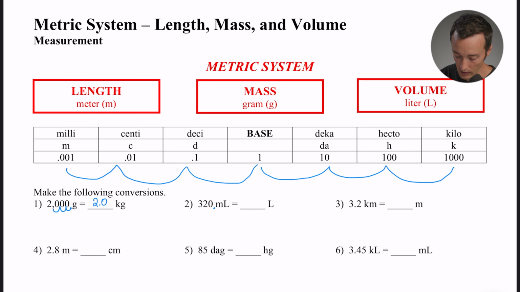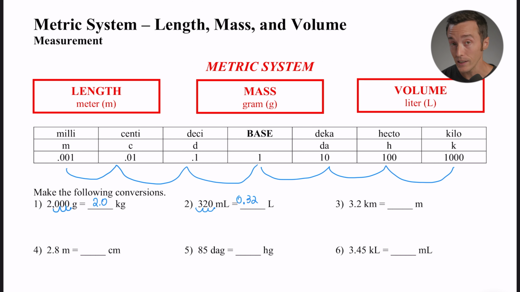Let's go 3 places to the left: 1, 2, 3. So it would be 0.320. I'm not going to include that last 0, but 0.32. Some people will write 0.32. If it makes you feel better, you can do that. So 0.32 liters.